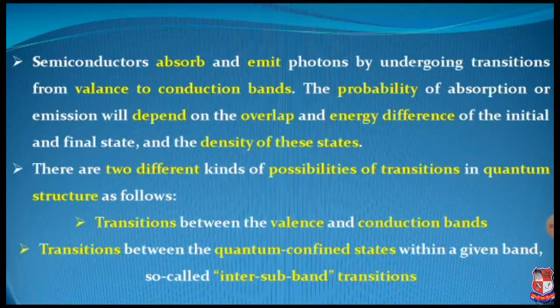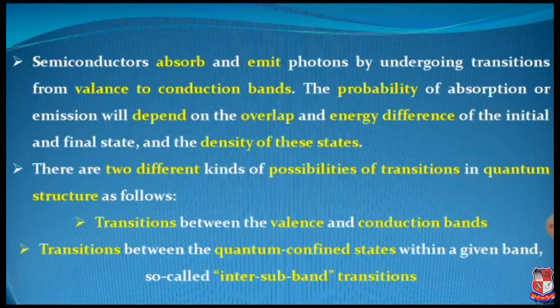The probability of absorption or emission purely depends on the overlap and energy difference of the initial and final states and the density of these states. So how many electrons or holes, any charge carrier you consider, will be absorbed or emitted by gaining or losing energy depends on two parameters.